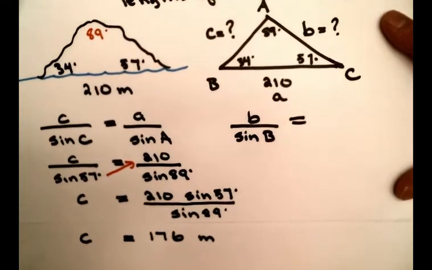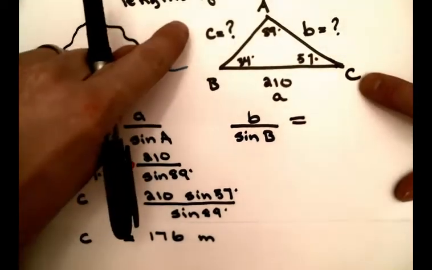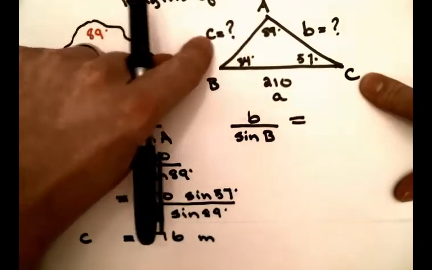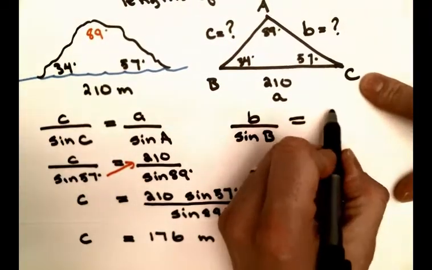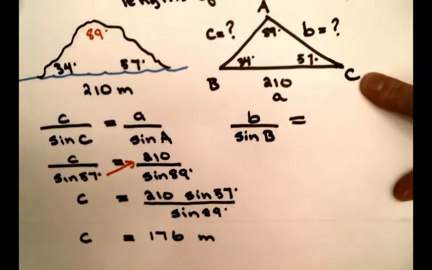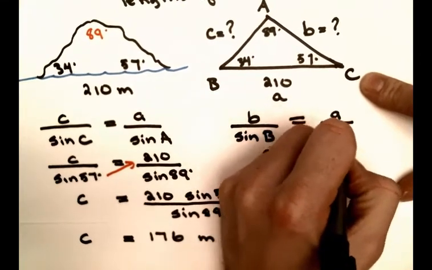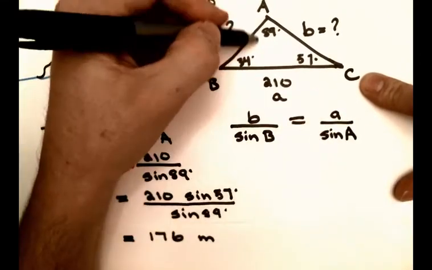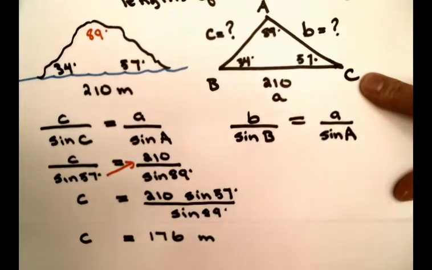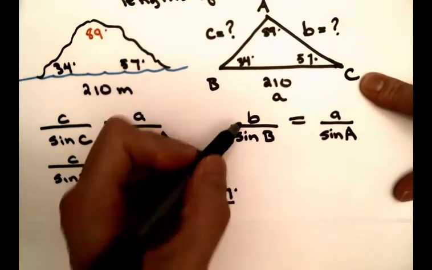You do have all the info for C now, because you just found side C and angle C, so you could write C over sine C. But I would avoid that, because who's to say your calculation here is totally correct? I would rather use A over sine A, because that was given info, and you know that given information can be trusted. You might not trust your calculation.